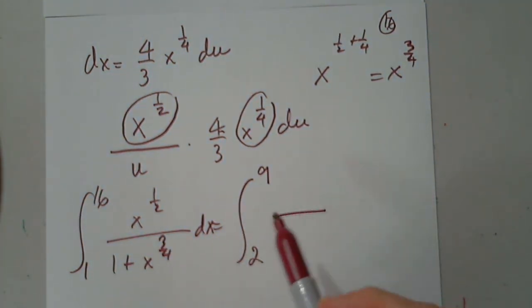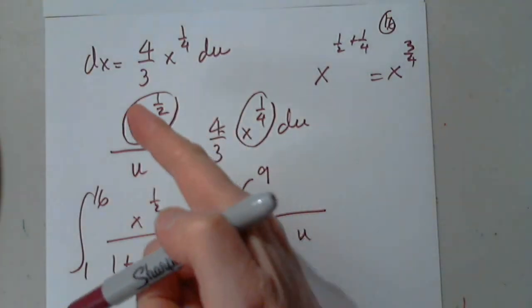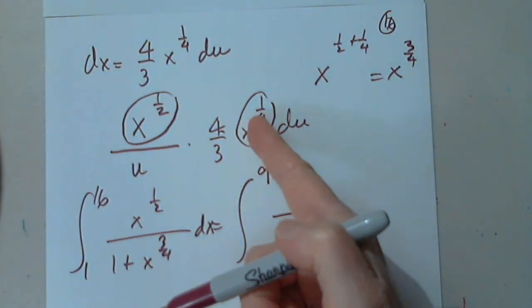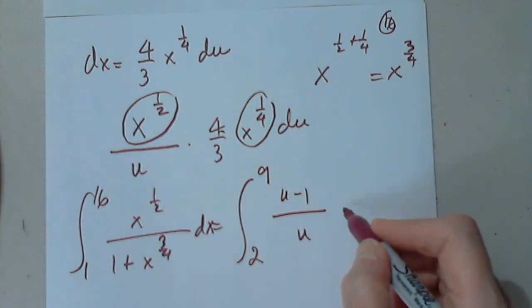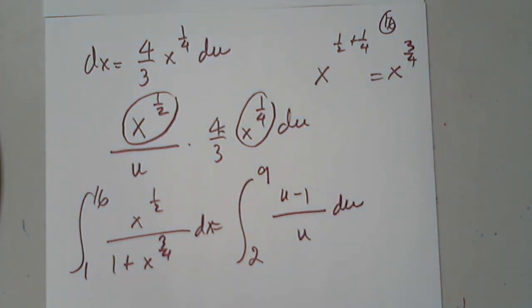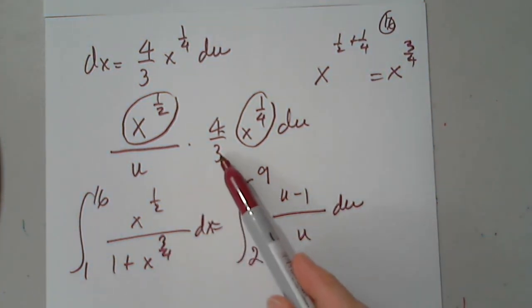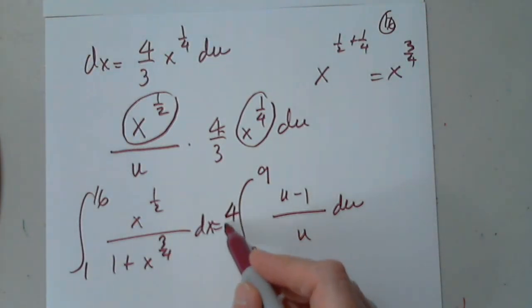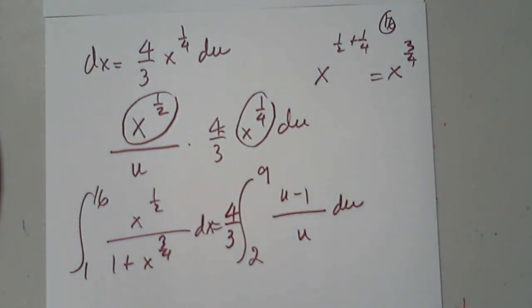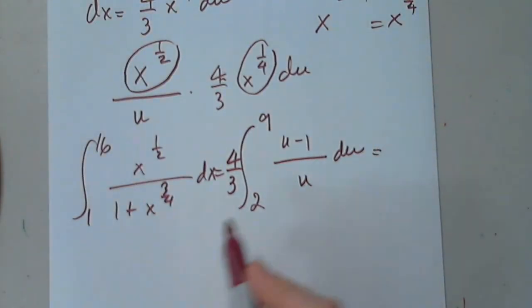So the denominator is u. Then this is u minus 1, and then du. And of course, there is a 4/3 in front, because it comes from dx. And now how do I proceed here?